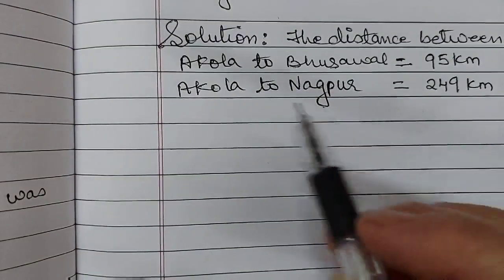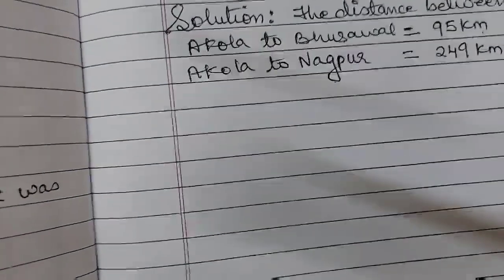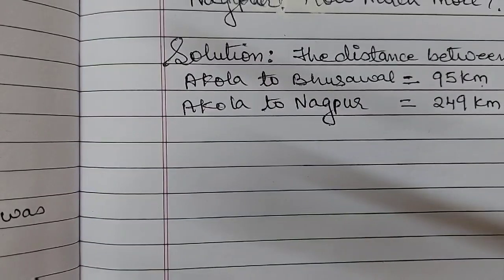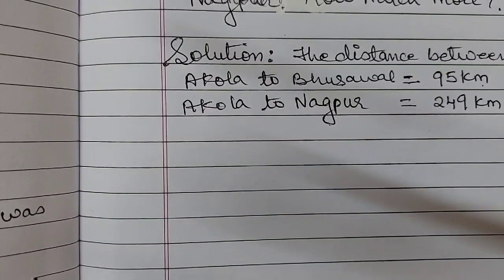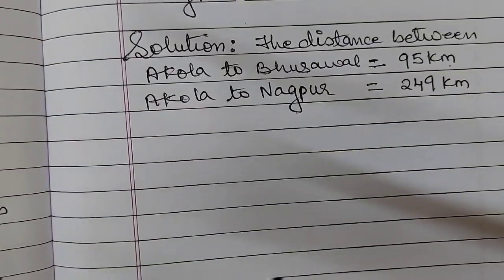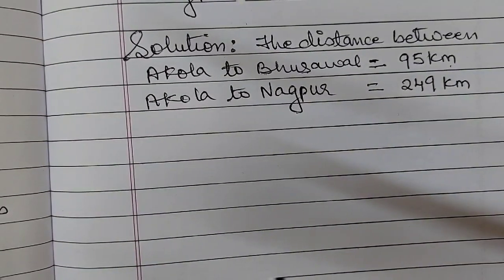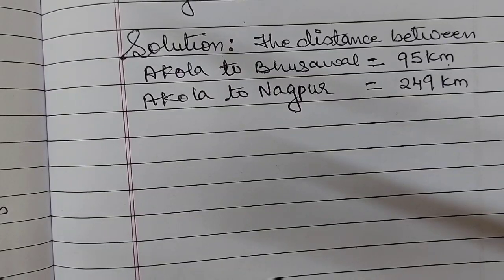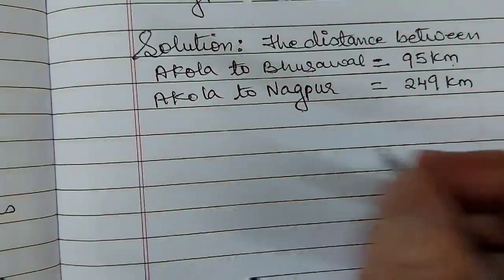We can find, see no? Akola to Bhusawal is 95. Akola to Nagpur is 249. Just by looking at it, you can say the distance from Akola to Nagpur is more than Akola to Bhusawal.